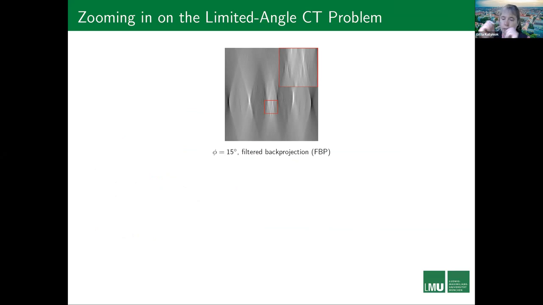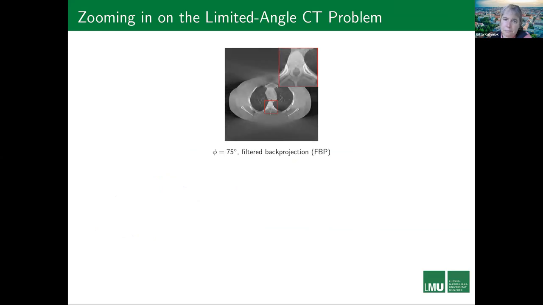If I now increase the angle, you see that suddenly things appear. But there's something different, which is also very striking. So observe what happens here. At a very early stage, you already get a very clear picture of these edges in that direction.